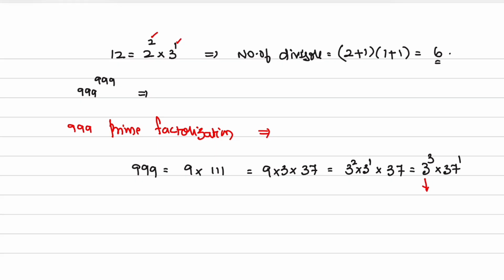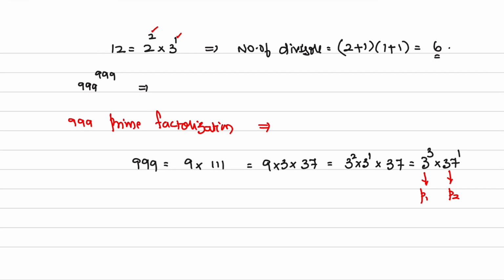3 is a prime number. This is prime number 1. This is prime number 2. They are the smallest prime factors. Now, the given number is 999 to the power of 999. That will be 3 cube into 37 whole to the power of 999.